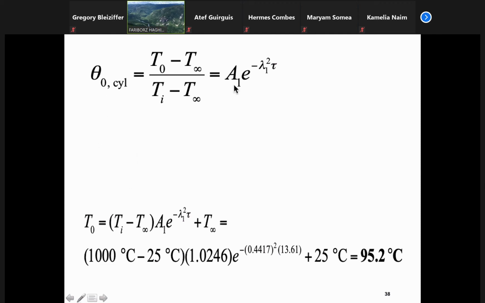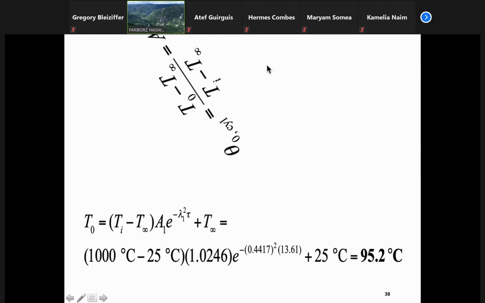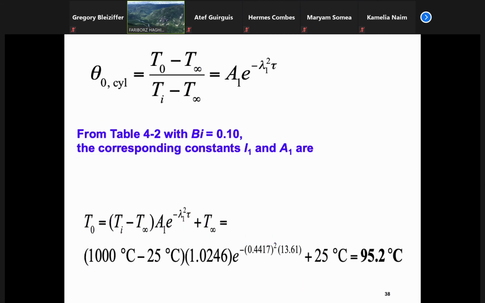And we have A and lambda 1, and there's one slide here from table 4.2 for Bi. These are the values we can get from this one. The edition I have is probably the same as yours. These are the values for A1, and these are the values for lambda 1.